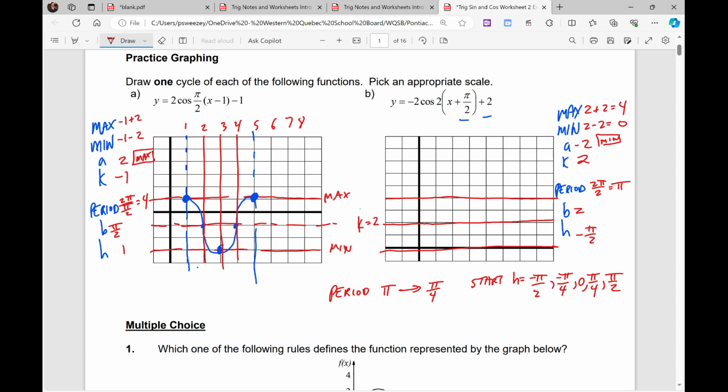That's how I'm going to label this axis here. So negative pi over 2, negative pi over 4, 0, pi over 4, pi over 2, and then we can graph it from there. Yeah. Just forget about the pi and try and think about it like it's fractions, or even convert it to decimals in your head. Hopefully that'll make it easier when you're kind of working in this world.